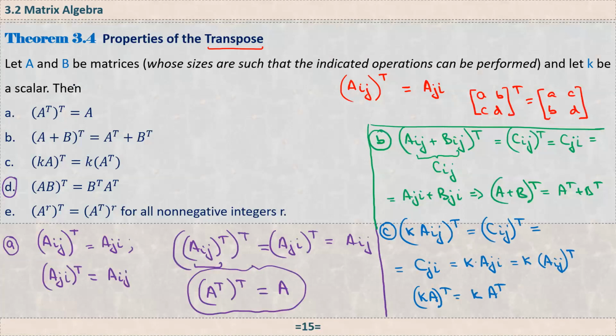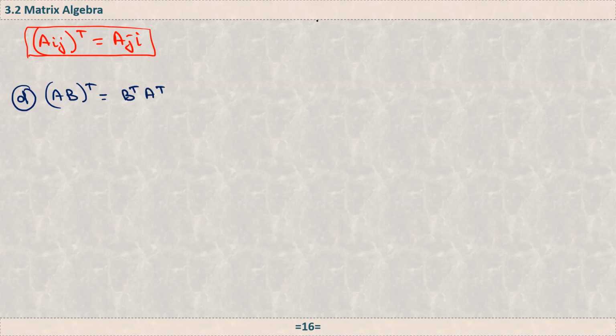Because by definition, the Aij entry transpose is just equal to Aji. That's the definition of transpose. So now we have to prove D. We have to show that (AB) transpose is equal to B transpose and A transpose.